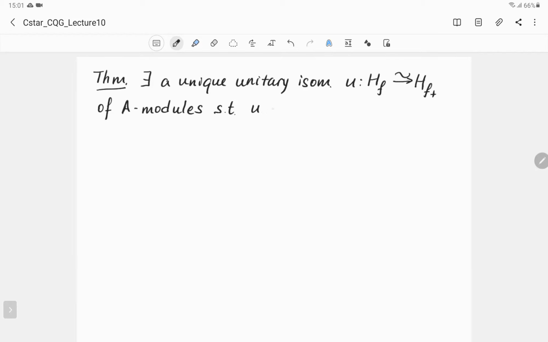U applied to lambda F of A is lambda F plus of A for all A in our algebra. Okay, so to prove this theorem, we first define U on the dense subspace in H_F, namely on the quotient of A modulo N_F.